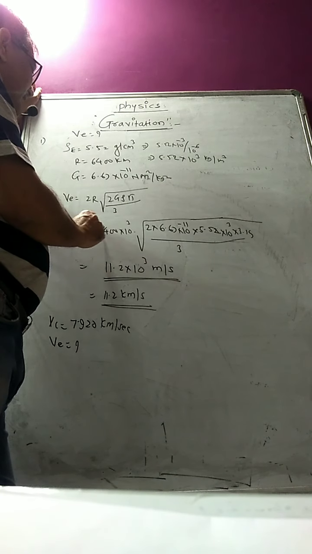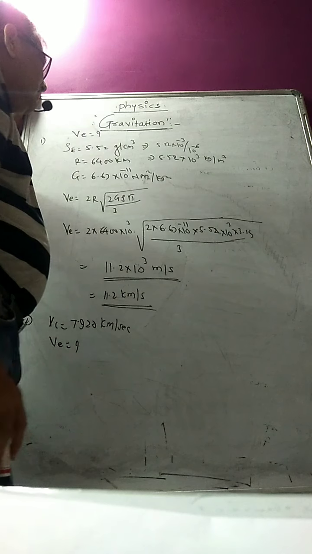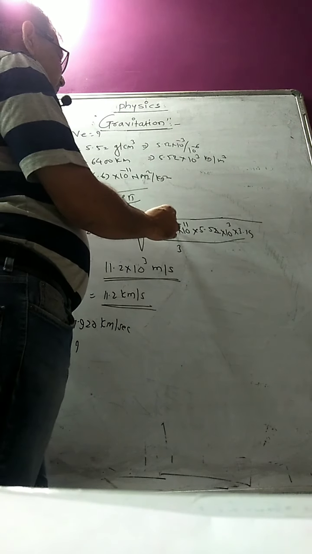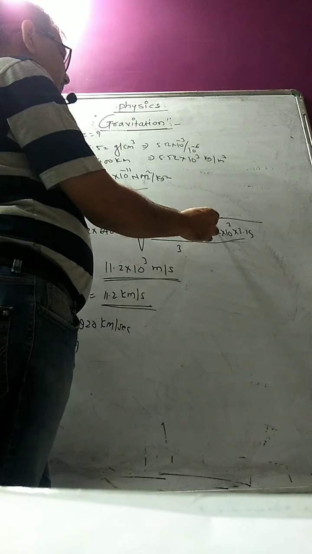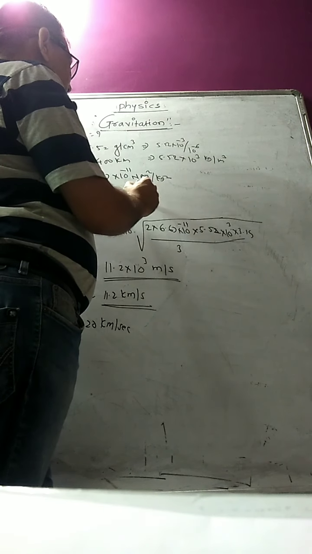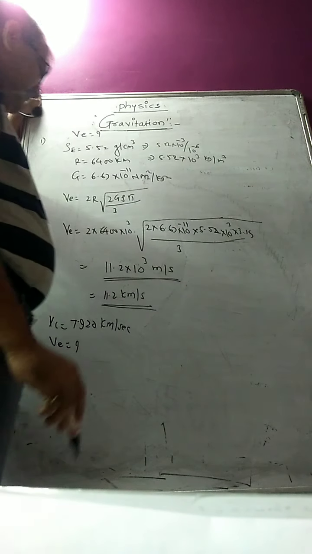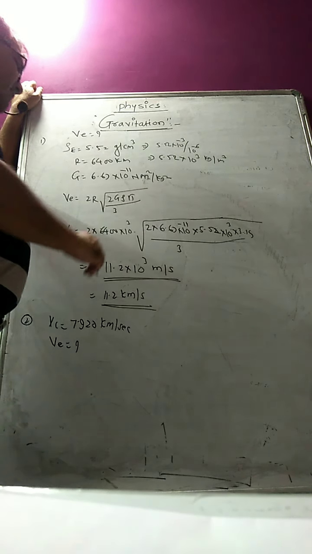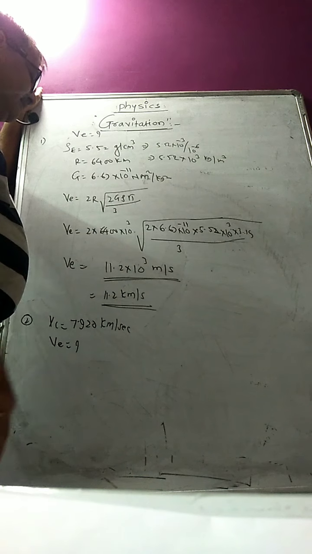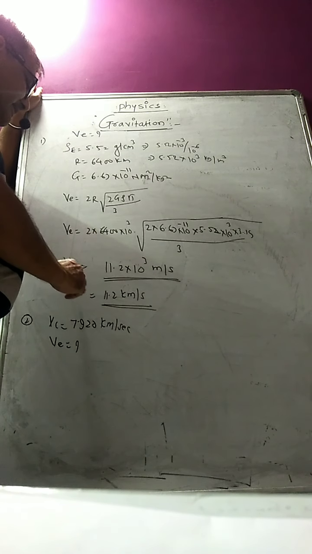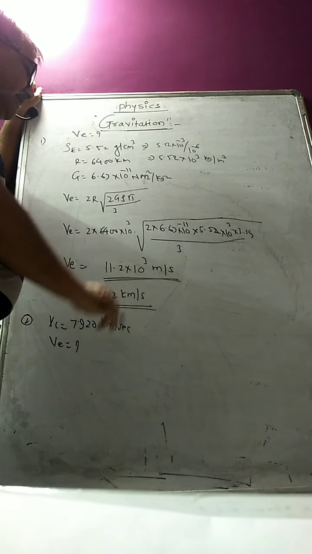V is equal to 2 times 6400 into 10 raised to 3 into under root of 2 into 6.67 into 10 raised to minus 11 into 5.52 into 10 raised to 3 into 3.14, divided by 3. After solving these you will get the answer. The escape velocity will be 11.2 into 10 raised to 3 meter per second, or 11.2 kilometer per second.